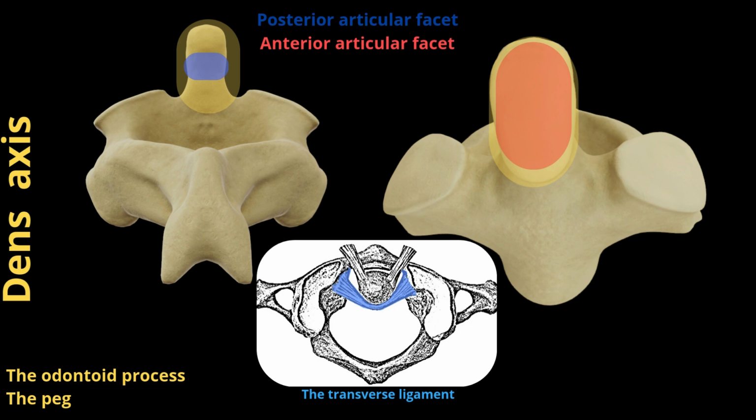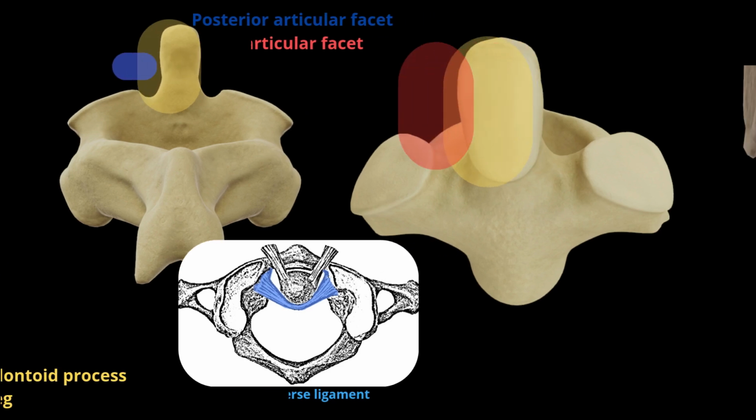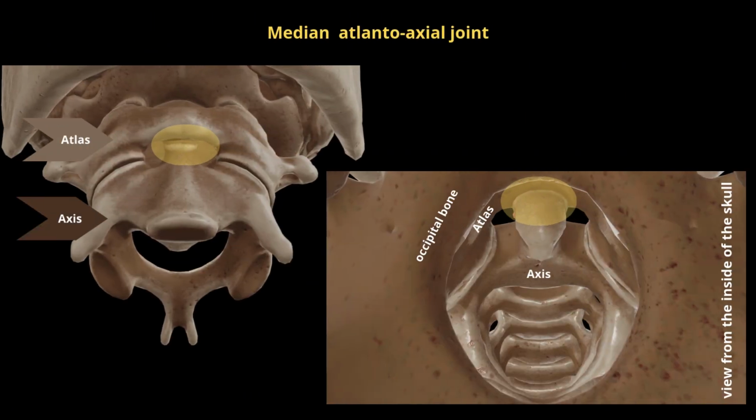This facet articulates with the facet of the anterior arch of the atlas to form the median atlantoaxial joint. This is a synovial pivot joint that facilitates rotational movements of the head on the neck, such as shaking the head to say, no, or turning the head from left to right.